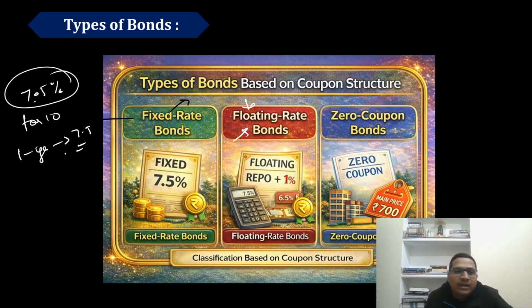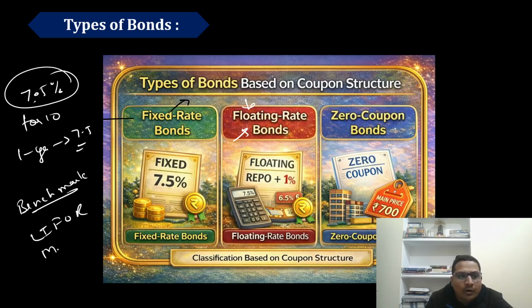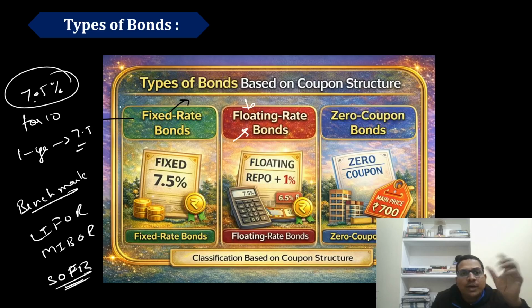But if it is a floating rate bond, it means it keeps on varying since it is depending on a certain benchmark rate. Earlier there was LIBOR, then there was MIBOR. Now I think we have SOFR, something like that. So a floating rate is where we use a certain benchmark and we add 1 or 2% on it.